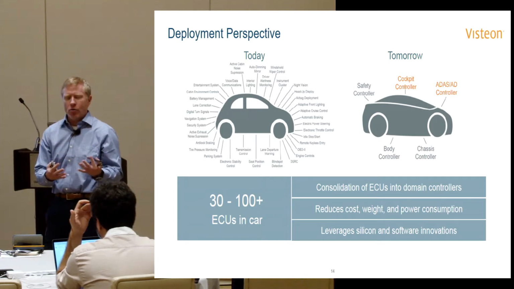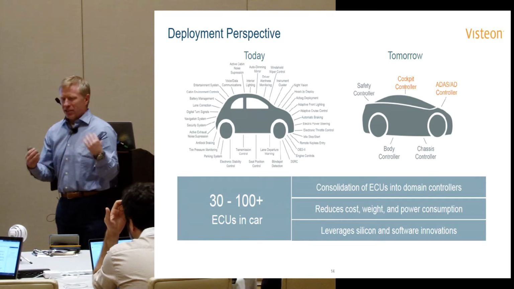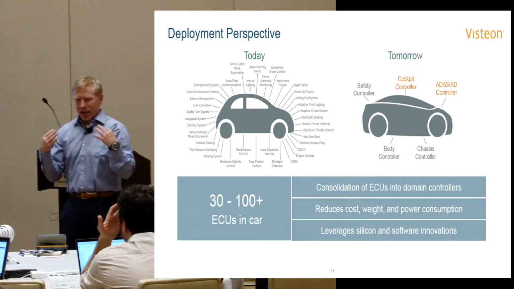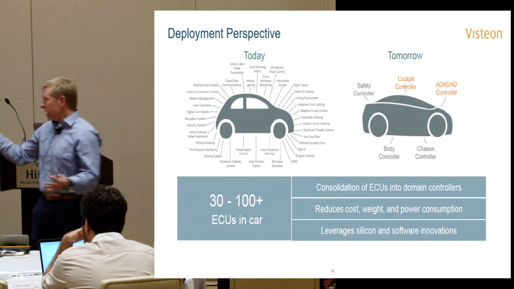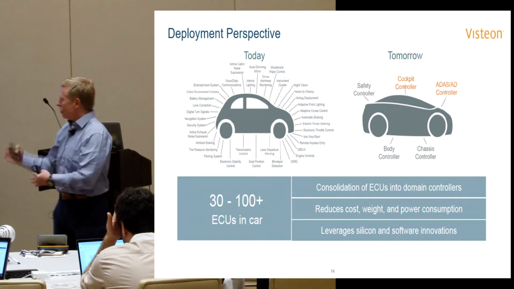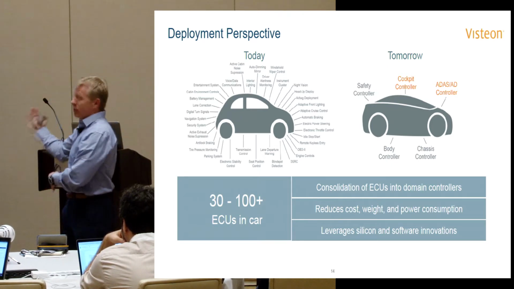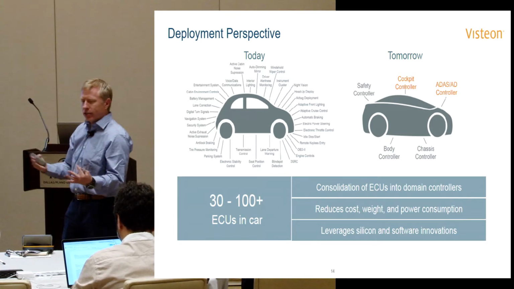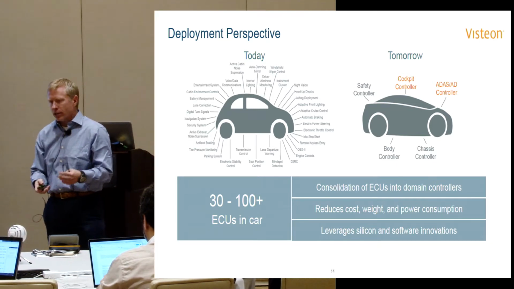If you heard the keynote from yesterday, what are your beads of worry on the left versus on the right? If you're a manufacturer and you want to decompose a feature to 30 to 100 suppliers, all trying to achieve one goal, is it easier to do through 100 different architectures and companies and teams, or 5? So that's the trend. The orange on the right shows where Visteon's going to live in the cockpit and the driver awareness world.